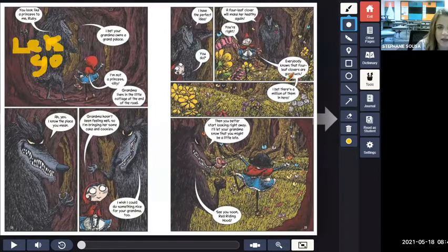Lots of dialogue here, lots of speech happening, lots of conversation. Again, that order stays the same. We start at the top, we go across, we move down, we go across, we move down, we go across, we move down, we go across. The order stays the same. Very important so that your comic is not confusing.